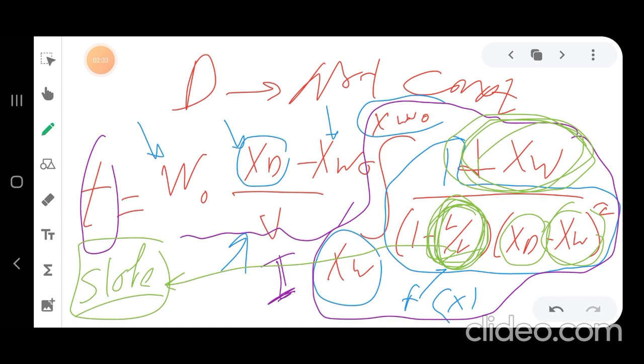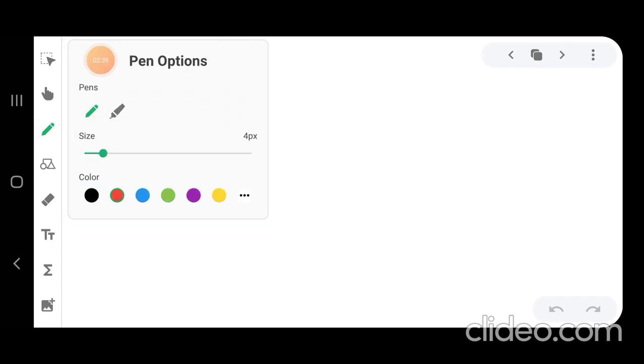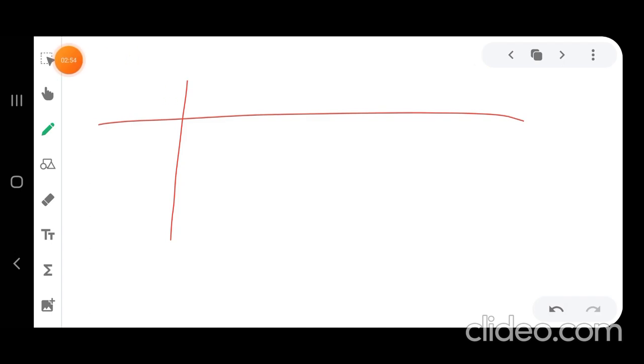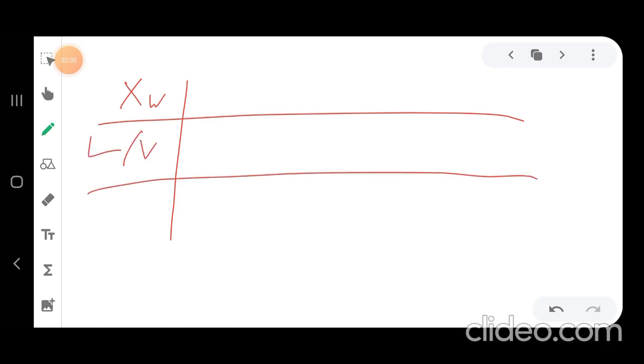So you need to make a kind of table like this to numerically integrate this integral. We want to find I, this integral, to get the time. So you start with your independent variable, which in this case is xw. Then you give the slope L over V. Then you find f of x.